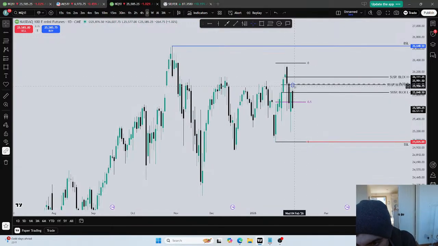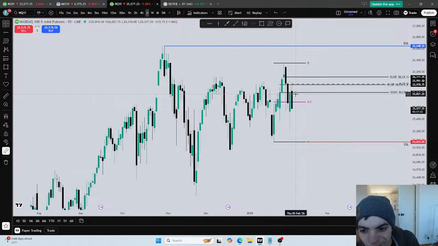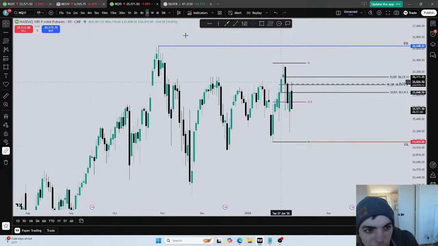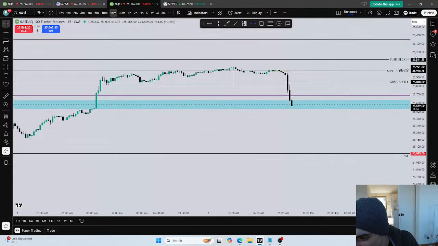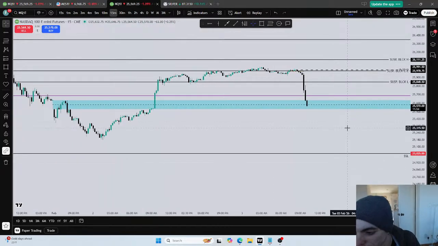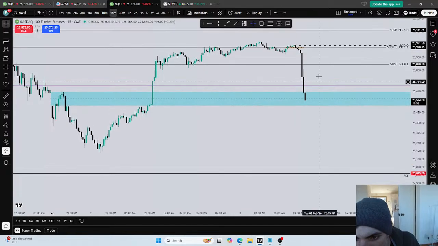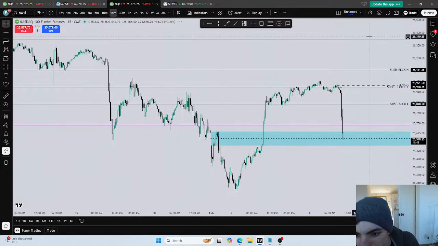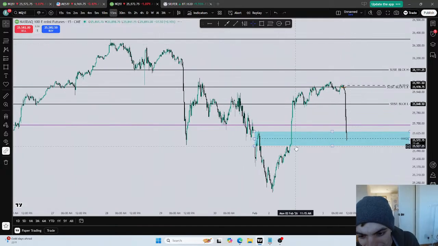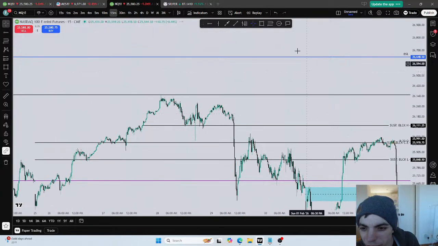If we could trade above that consequent encroachment line here with some vigor, with some willingness to look like it wants to go higher, big green candles like we did yesterday through this new week opening gap, then I would have been looking towards this high up here.